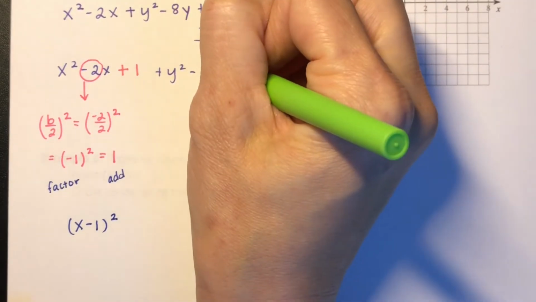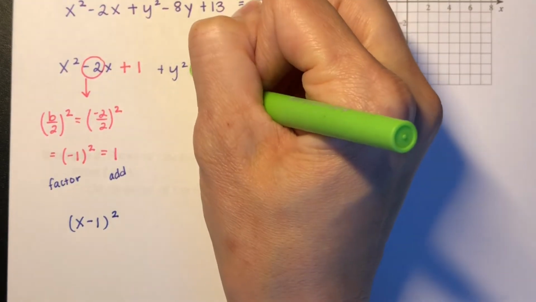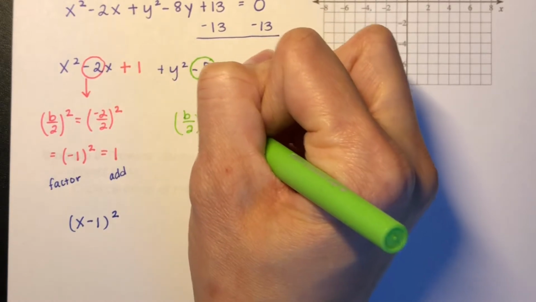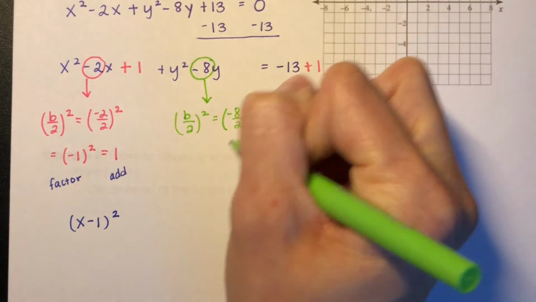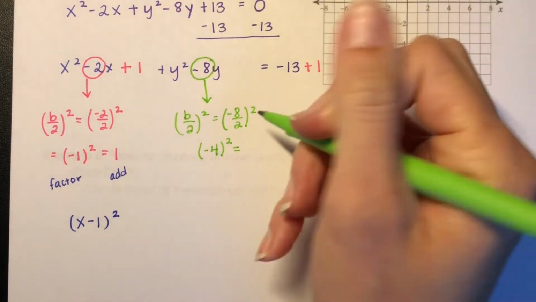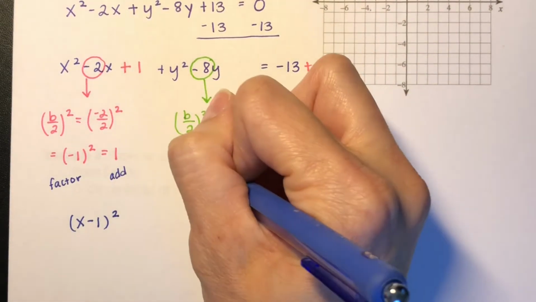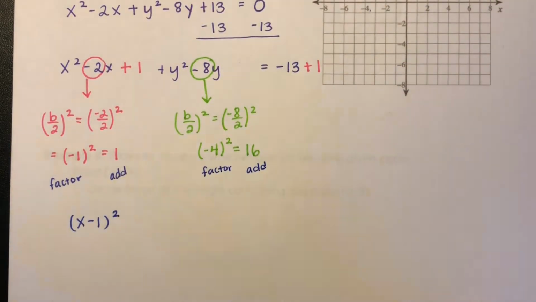So again, I identify b, the coefficient in front of my y term. b is negative 8. So I take b, I divide it by 2, and I square it. So negative 8 divided by 2 squared is equal to negative 4 squared, which equals 16. So I use negative 4 when I factor, and then I add 16 to both sides.